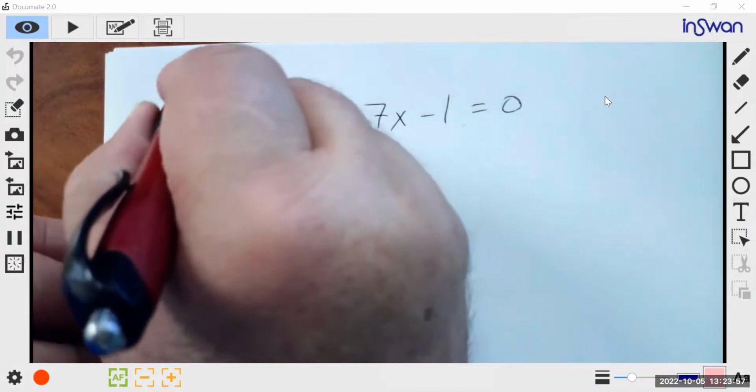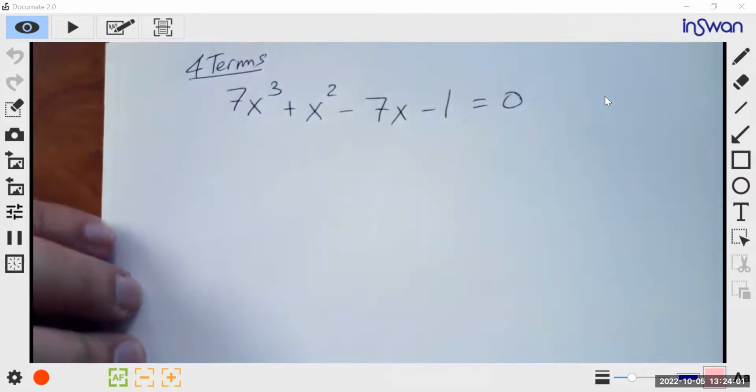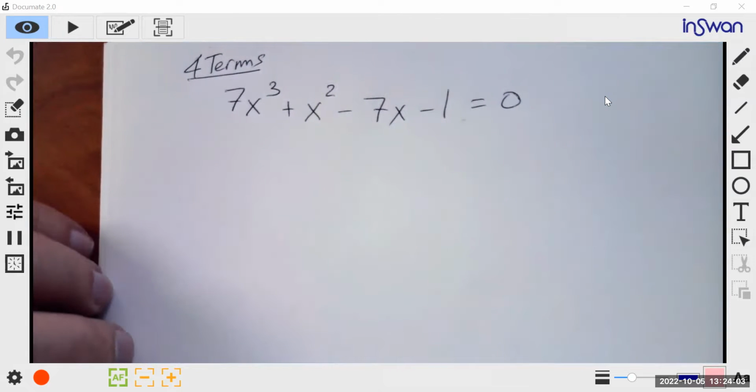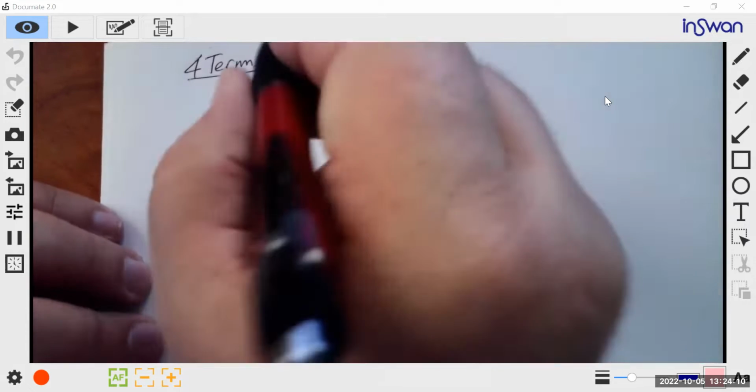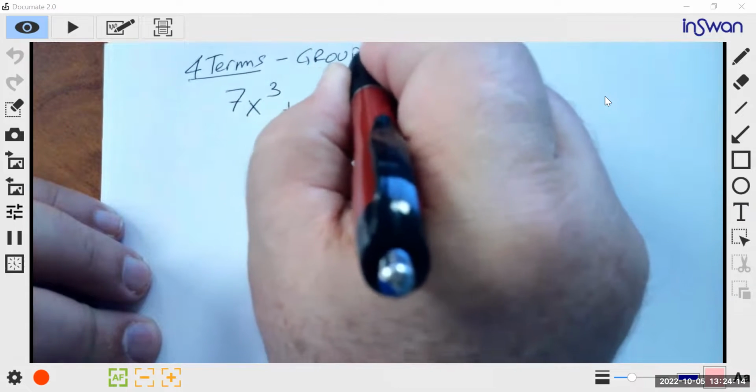If we have 4 terms, then we can use a method called grouping.